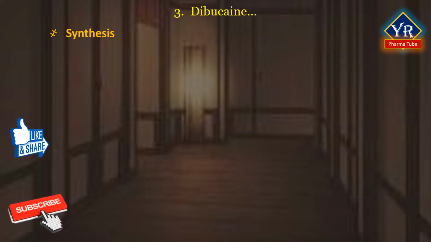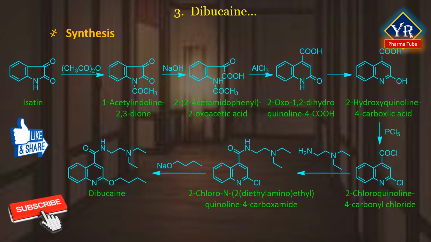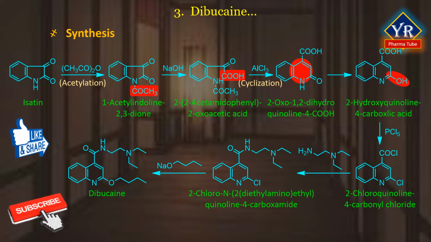Dibucaine can be synthesized using isatin as the starting material. Isatin is initially acetylated to form N-acetyl isatin, which is treated with an alkali solution, giving 2-acetamidophenyl 2-oxoacetic acid. This upon cyclization with aluminum chloride forms 2-oxo-1,2-dihydroquinoline-4-carboxylic acid, which itself converts to an enol form, that is 2-hydroxyquinoline-4-carboxylic acid.